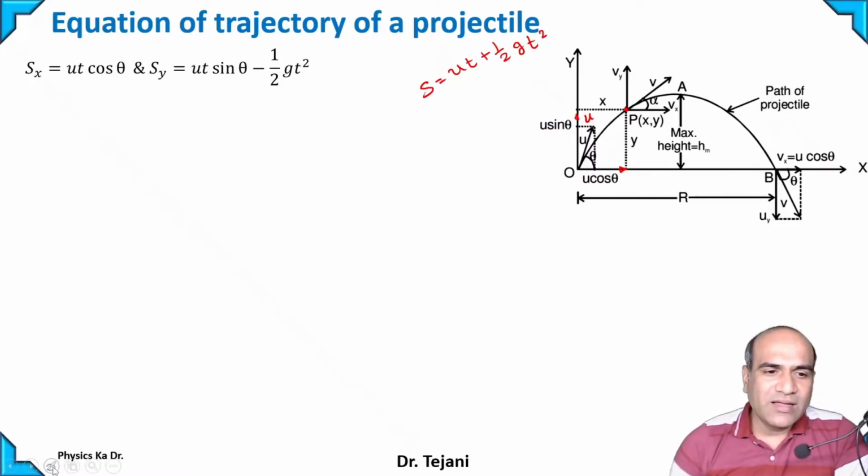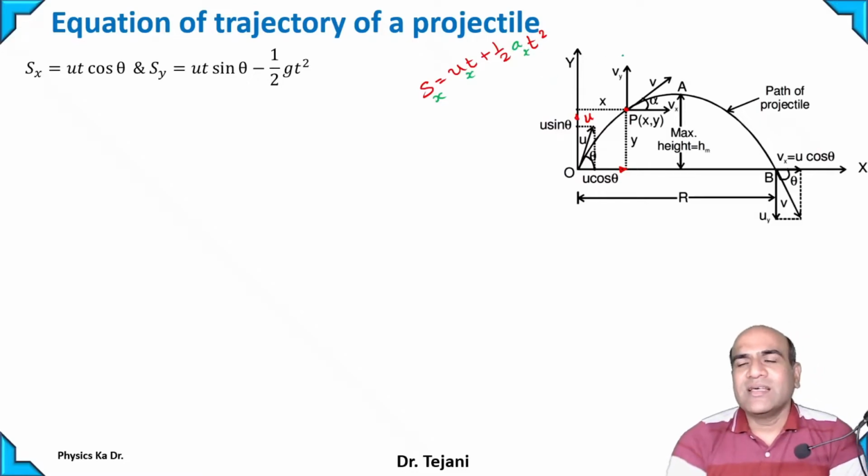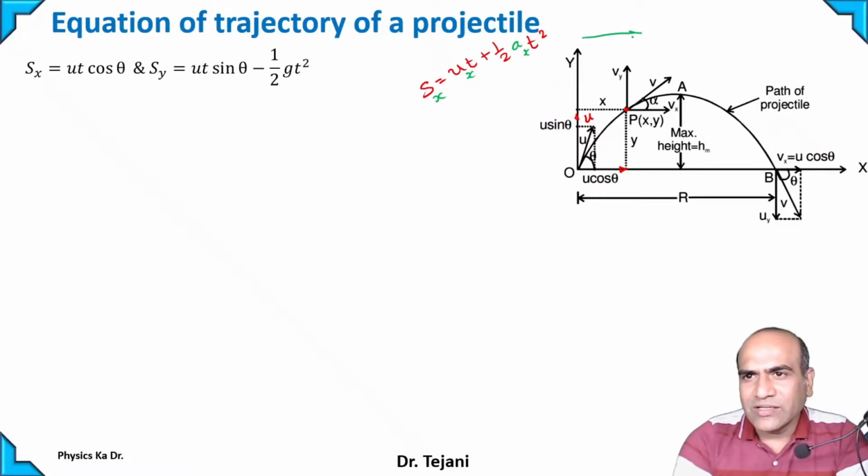When we are required to find along the x direction, it becomes ux t, and here it is not g but it is a. Along the x direction there is no acceleration component, so a is equal to 0. That means the second term is not required, so it becomes ux t.